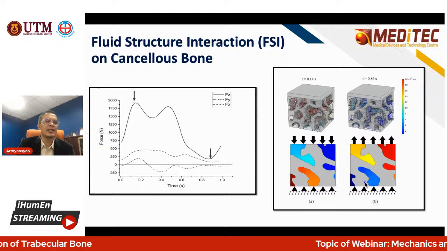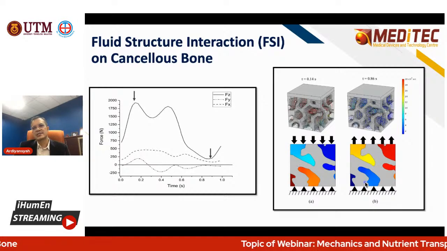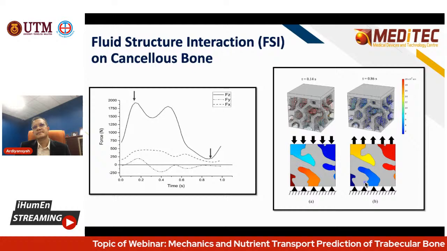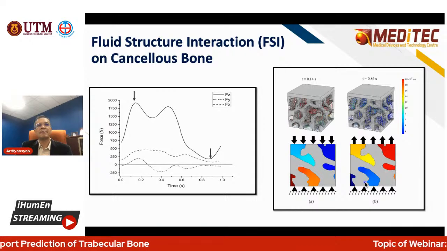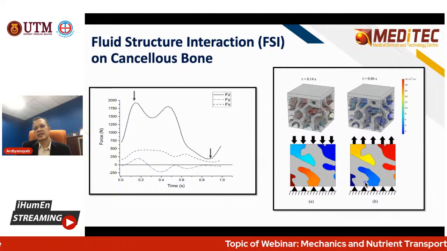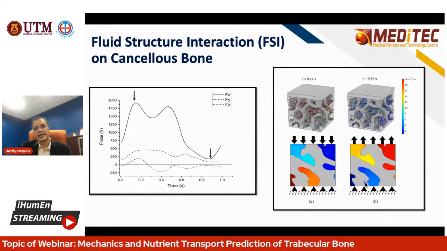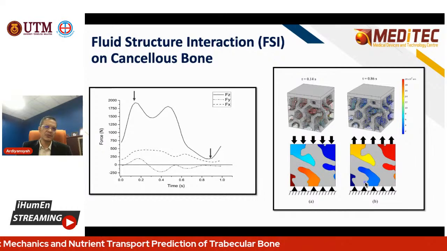Actually, there is a function. The marrow during the loading also functions as a support. But if there is excessive load, the movement of the marrow is very fast, and that is able to break the struts of the cancellous bone.